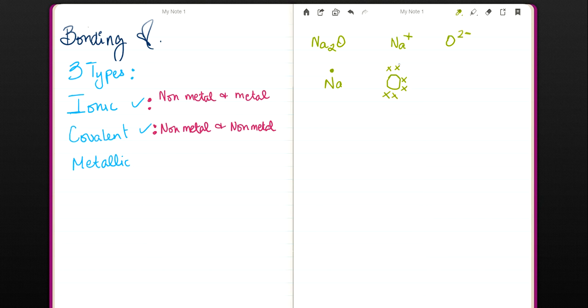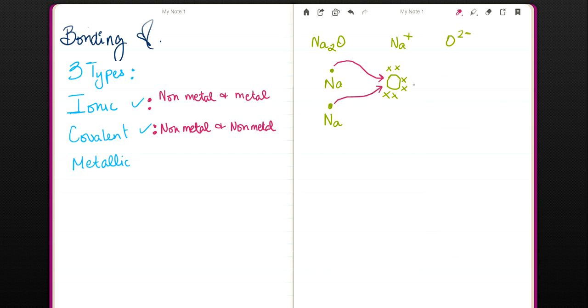So since that is the case, you would simply move over this sodium electron, and you would add another sodium species so that you would have the fulfillment of the octet via the movement of the other sodium electron.